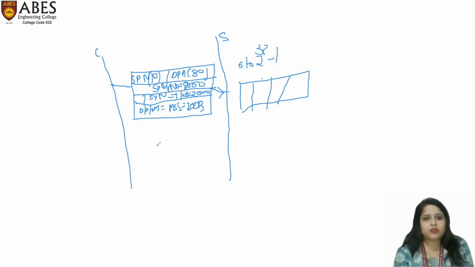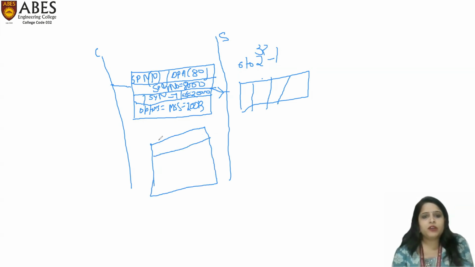If the server also wants to send some data to the client, in that case the server will also send a SYN packet which contains all its information, similarly: source port address, that is 80, destination port address, that is 10, and sequence number.